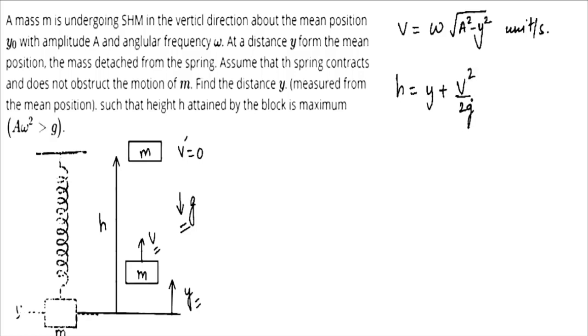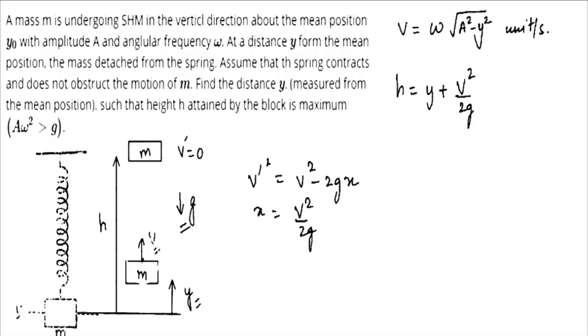Why v square divided by 2g? Because the final speed will be 0, and you can apply the equation of motion: v dash square is equal to v square minus 2g x, where x is this height. Since v dash is 0, you can find x as v square divided by 2g.